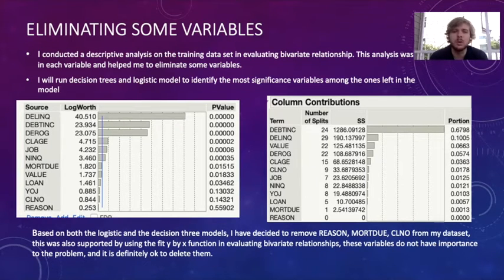Based on these contributions, I looked for variables that are not significant to my overall project. And I have found that Reason, Mortdue, and CLNO were not significant to my data set.